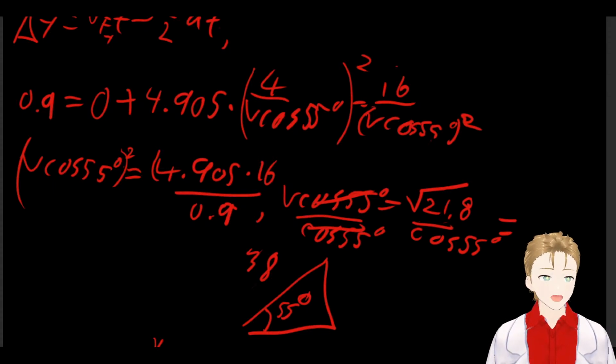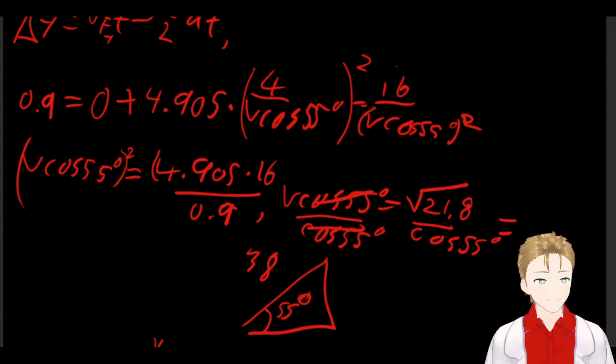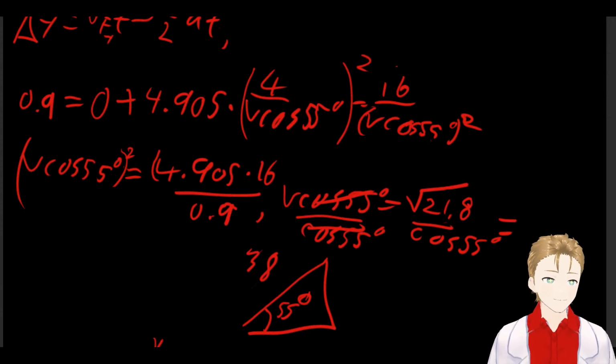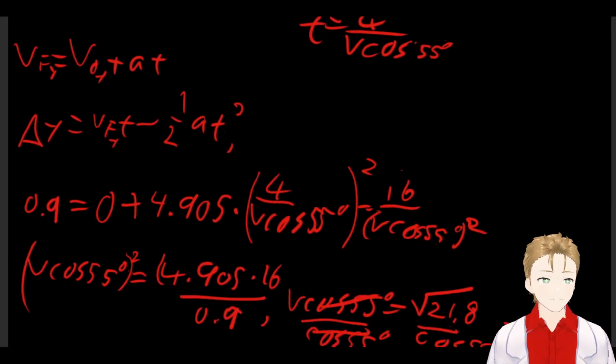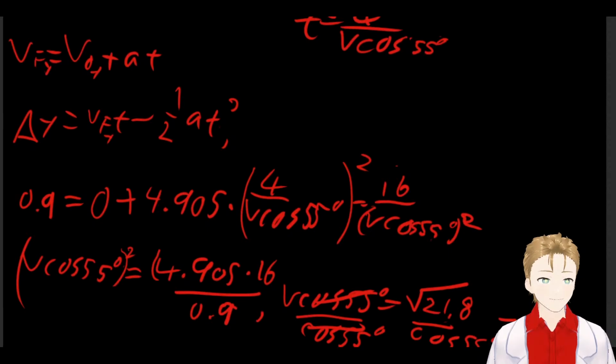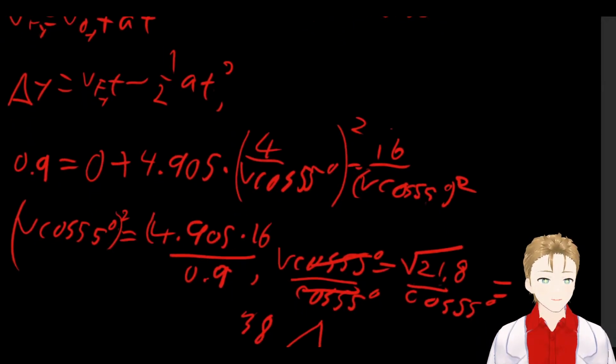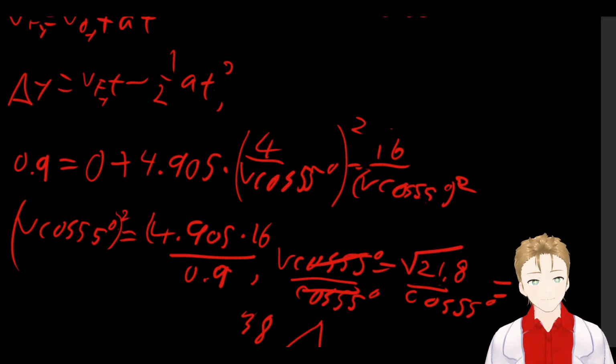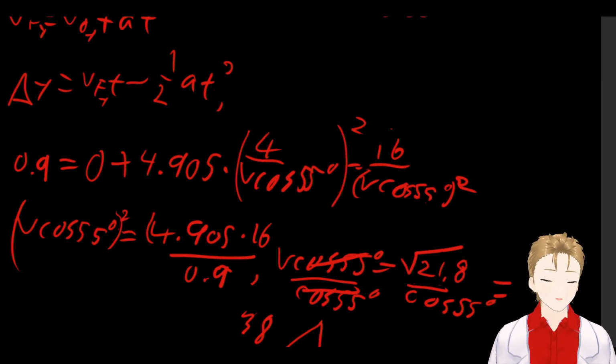No, I know something's wrong. 4.9. Something is actively wrong here. Zero plus 0.9, the square.